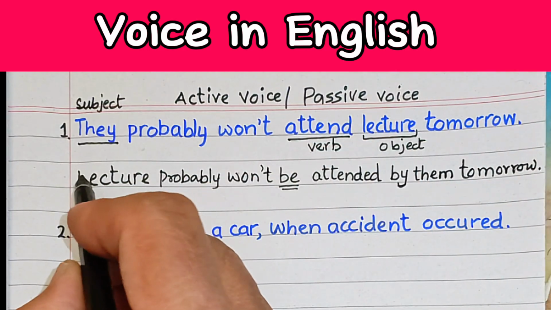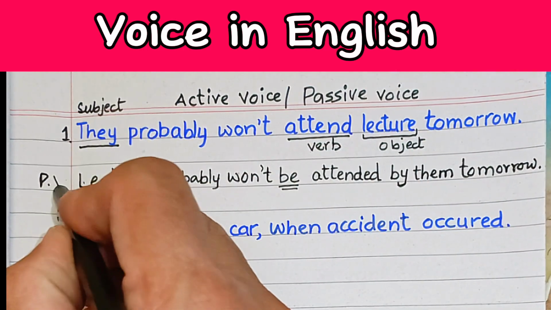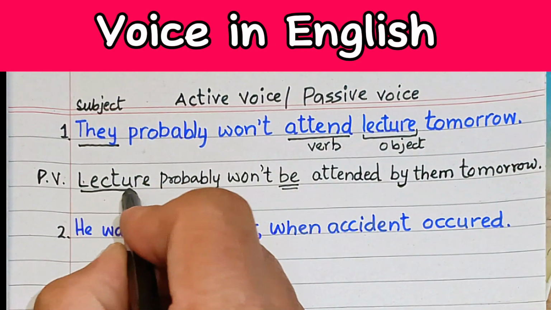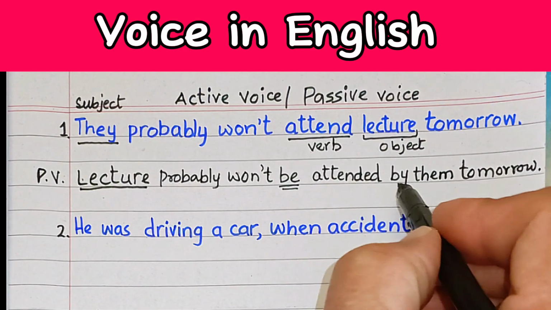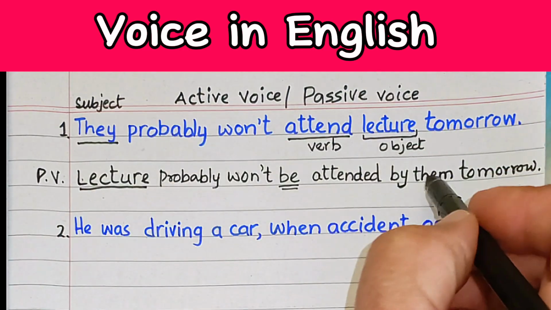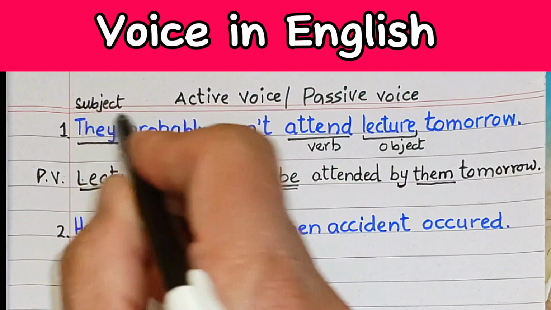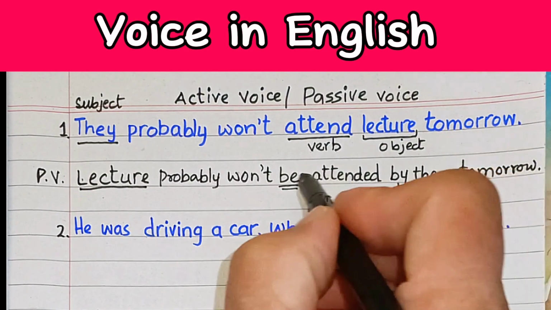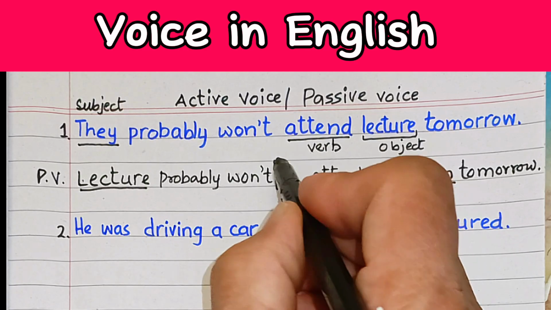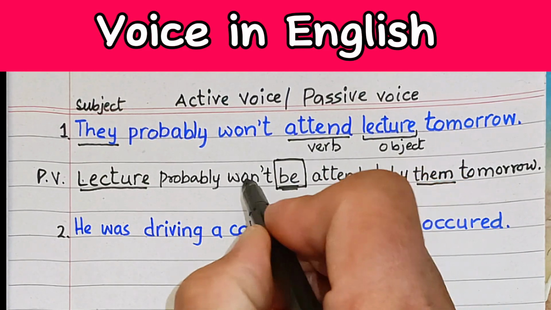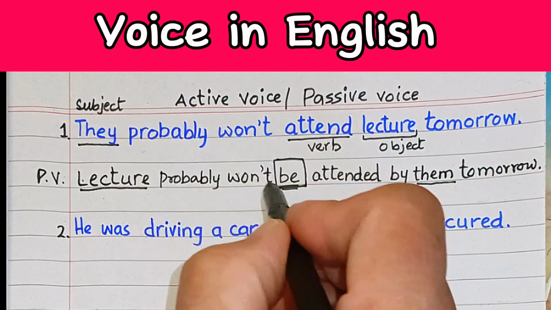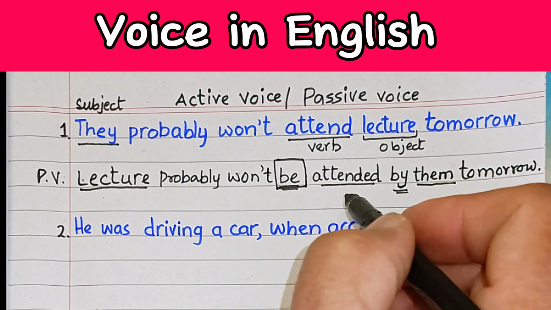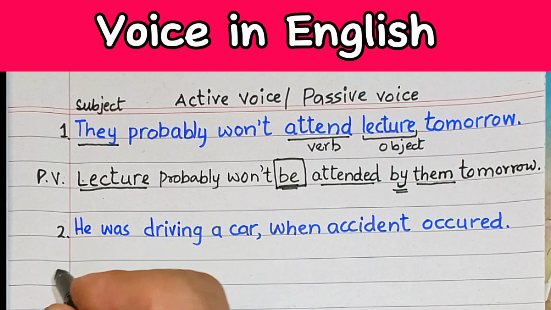So in passive voice structure, the object becomes the subject and the subject becomes the object, in this case they to them. Before that we have to put by, and then we have won't be instead of won't over here. Then the third form or past participle form of the verb, and the rest of the things remain the same.